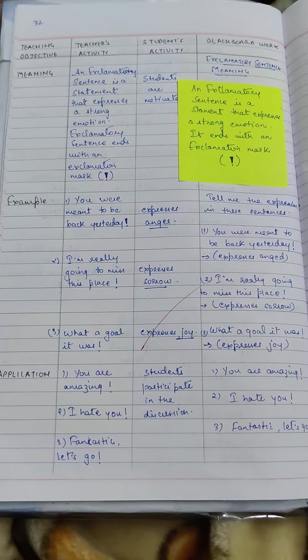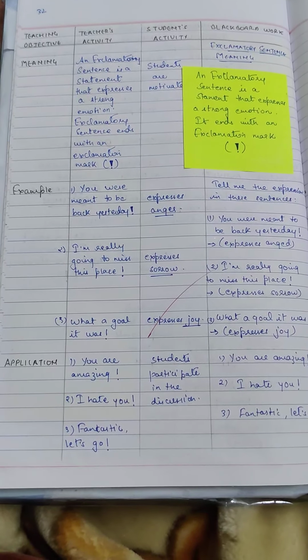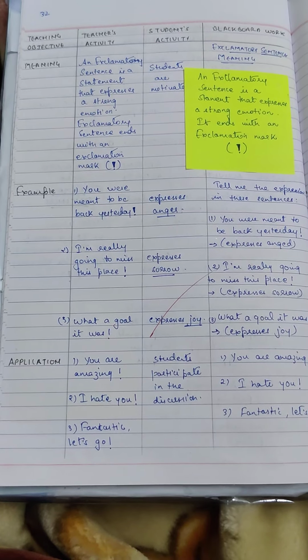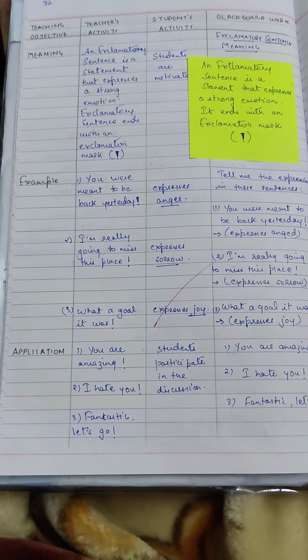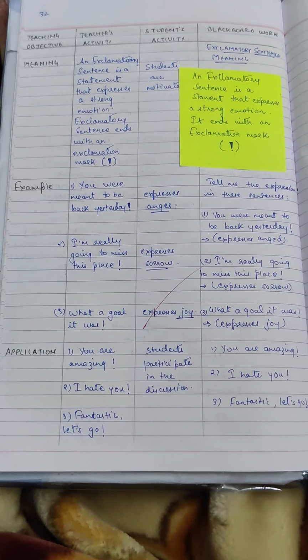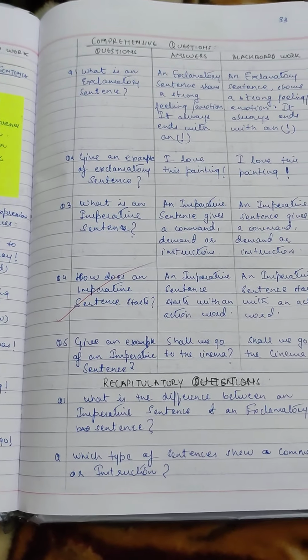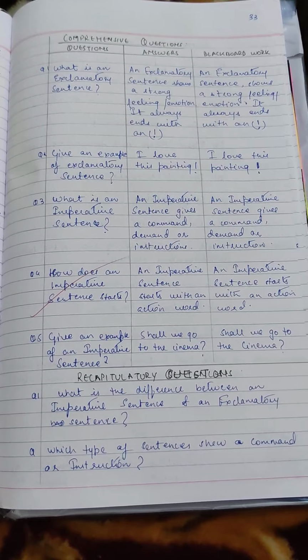Then we'll explain the meaning of an exclamatory sentence, and examples. You can give 3 to 4 examples. Same examples you will have to write in the blackboard work. Then comes the application part. Again, comprehensive questions will come once unit 2 is over.